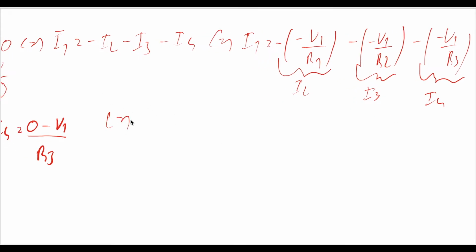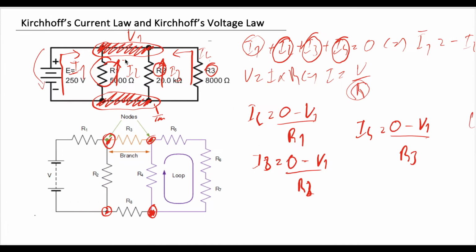So let me do this. We know that I1 is equal to V1, and what is the value of V1? Here we have a power supply of 250 volts. Here you know that it is 0 volts because it's ground, and you know that this voltage drop is 250 volts.